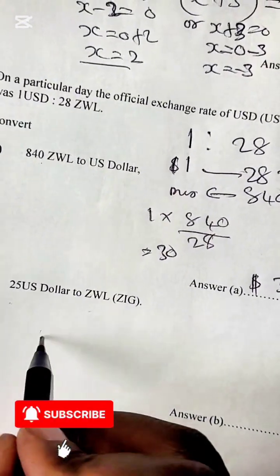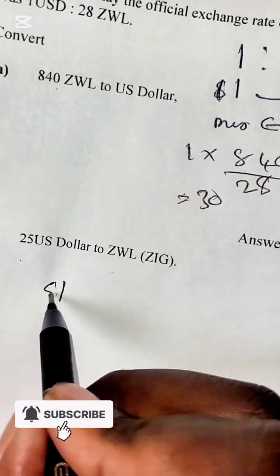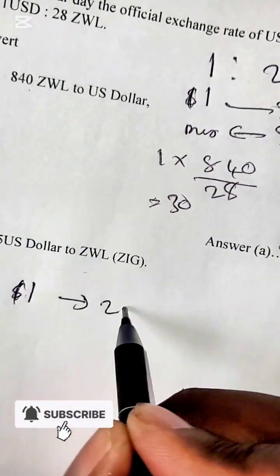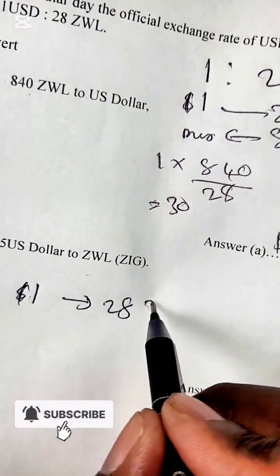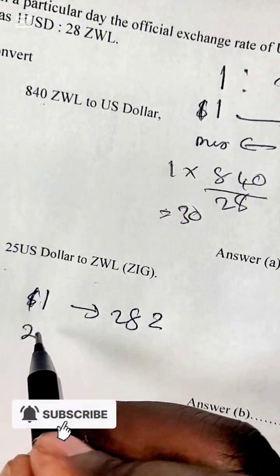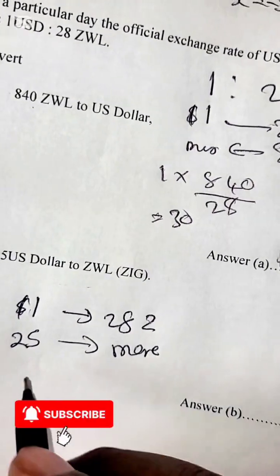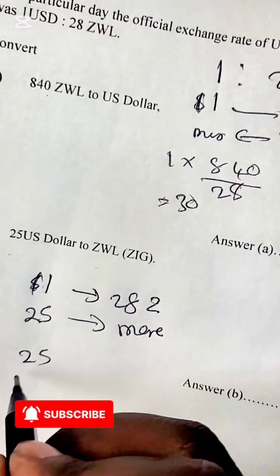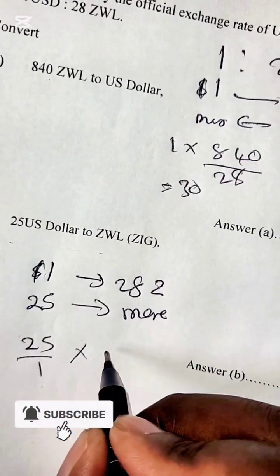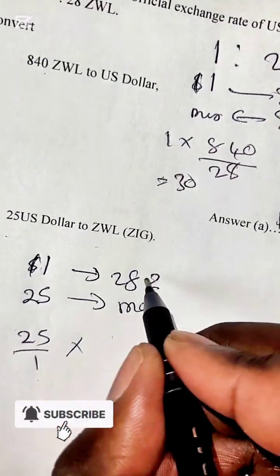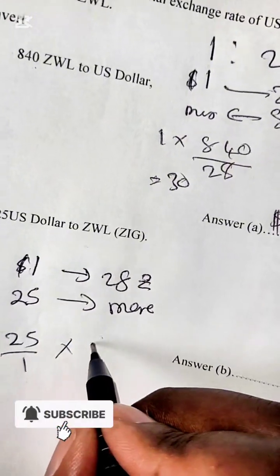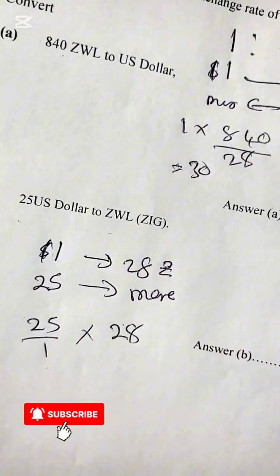Then $25 to ZiG. The exchange rate was 1 US dollar is equal to 28 ZiG. Okay, what about 25 US dollars? Are we going to get more or less? We're going to get more. So we're going to say 25 over 1 multiplied by 28.